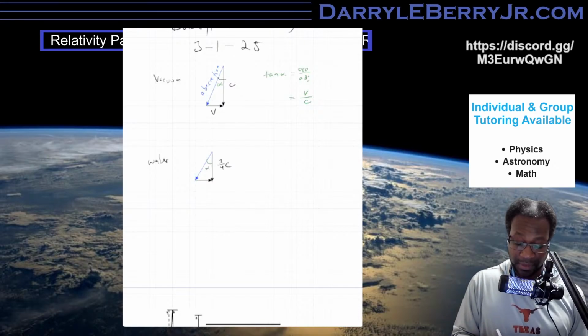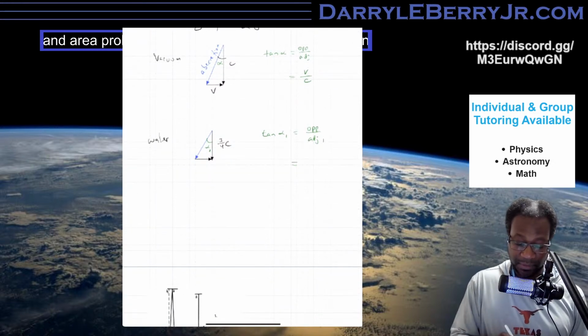So basically, now the tangent of alpha 1, to use the notation that the Michelson paper will use in a bit, is going to be the new opposite over adjacent 1. So that's going to be, this is still V over 3/4 C. Right?